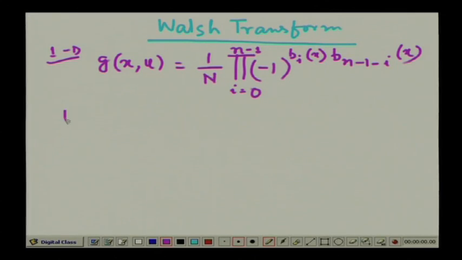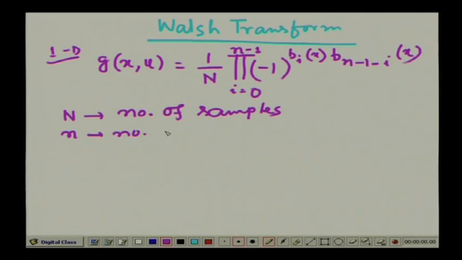So, in this particular case the capital N gives you the number of samples, and the lowercase n is the number of bits needed to represent both x and u.